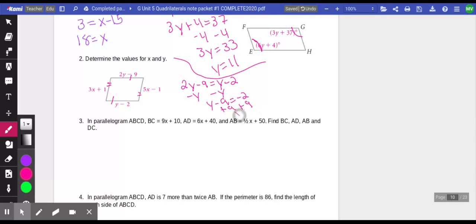And we get y equals 7. Again, we know opposite sides are congruent, so that means 3x plus 1 is equal to 5x minus 1. And again, I'm just solving that equation algebraically. X equals 1.